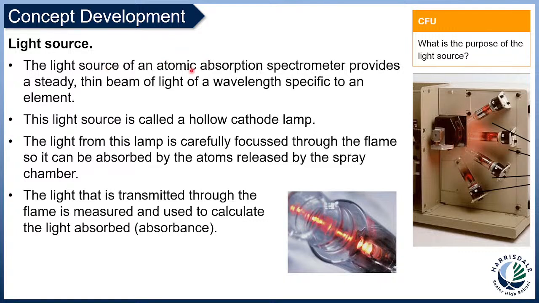So the light source of the AAS provides a steady, thin beam of light, just like a laser pointer, but just a little bit thicker, of a specific wavelength specific to the element. So this looks like a red light, so you would assume that if you were to burn this element, it would turn a red color.